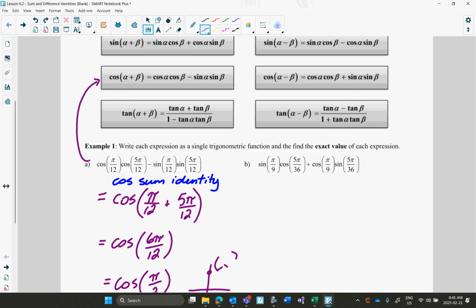When we do sine cos plus cosine sine, which one is that the same as? Up here, isn't it? So I can rewrite this. Instead of using this long thing here, it's the same as the sine of the two angles in the question added together.